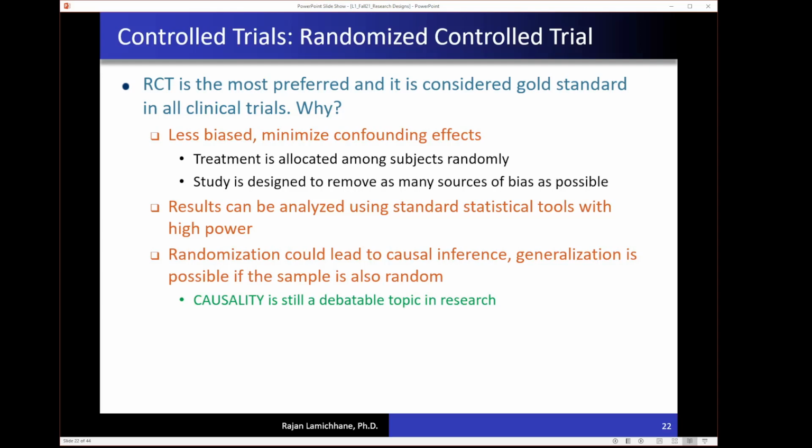If the study is well designed, this randomization could lead to causal inference, where one thing causes another, and you can also generalize the result. If possible, the sample is also random. Even though causality is still a debatable topic, well designed research where the sample is randomly selected could give you causal inference and could generalize the result for the entire population.